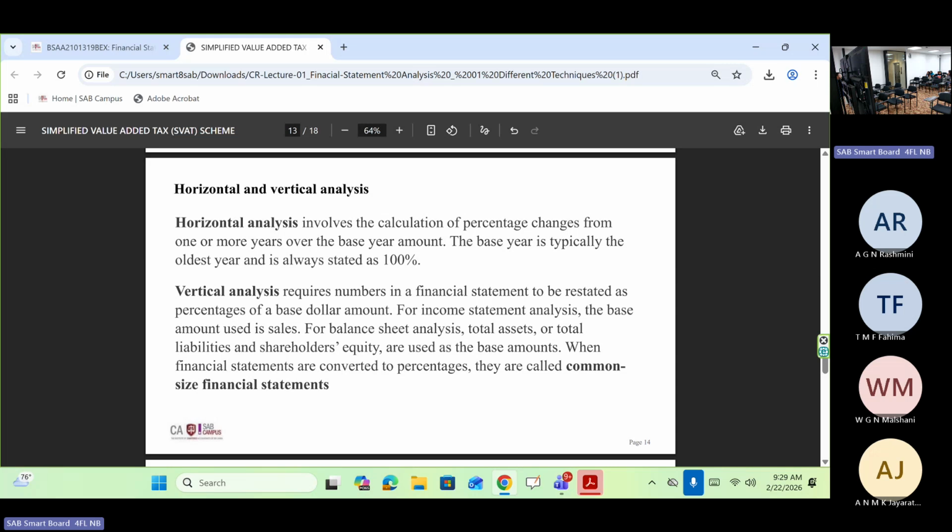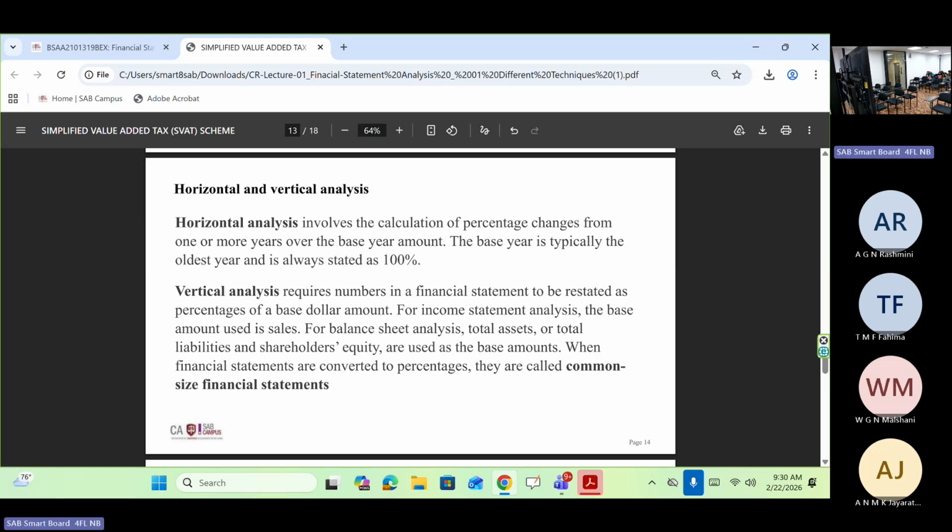You are analyzing net profit margin. What are the numbers you are getting? Revenue and net profit. Where are you going? This side or this side? Same year side. It is a vertical analysis.